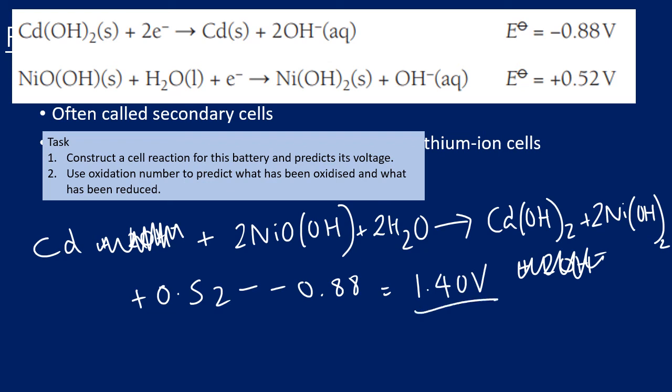Oxidation numbers, well, in cadmium from 0 to +2, so cadmium has been oxidized. Nickel, slightly more difficult, this one actually. Nickel, we've got the OH, which is a minus, so nickel is +3 on the left, and on the right it's +2. It's been reduced, so nickel has been reduced.